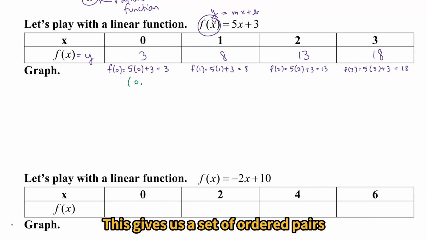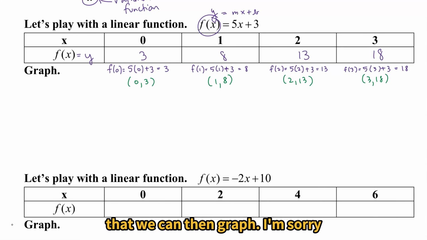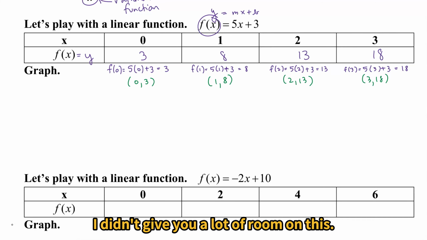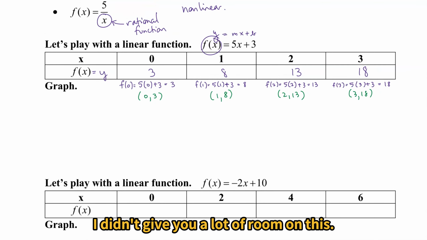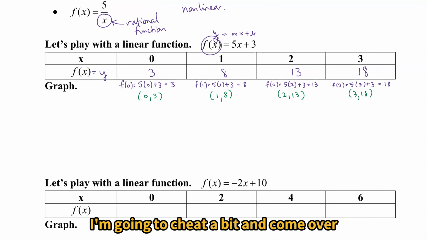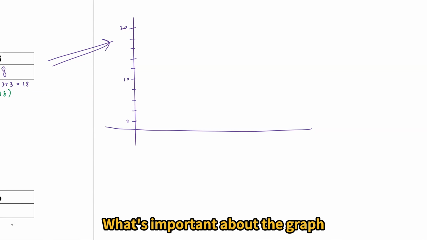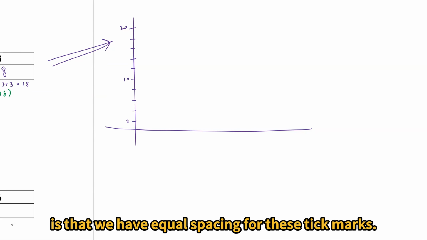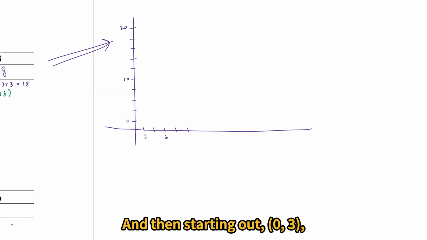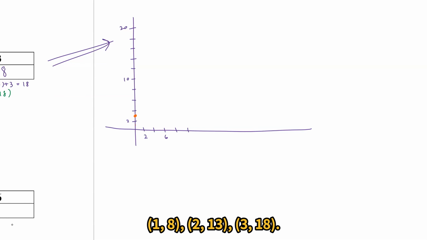This gives us a set of ordered pairs that we can then graph. I'm sorry I didn't give you a lot of room on this. I'm going to cheat a bit and come over to the side here and draw my graph larger. What's important about the graph is that we have equal spacing for these tick marks. And then starting out: 0, 3; 1, 8; 2, 13; and 3, 18.